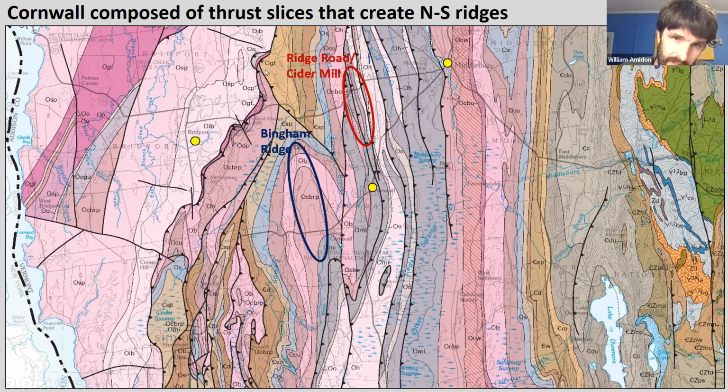Another thing I can point out here is over here on the far left, if you can see my cursor, this leftmost thrust fault is what we call the Champlain thrust. This is a very large thrust fault that separates the inner shelf rocks over here from the outer shelf rocks in that original diagram that I showed you.